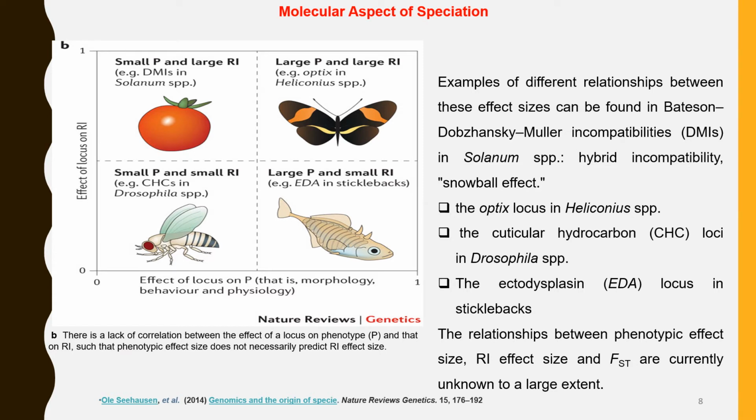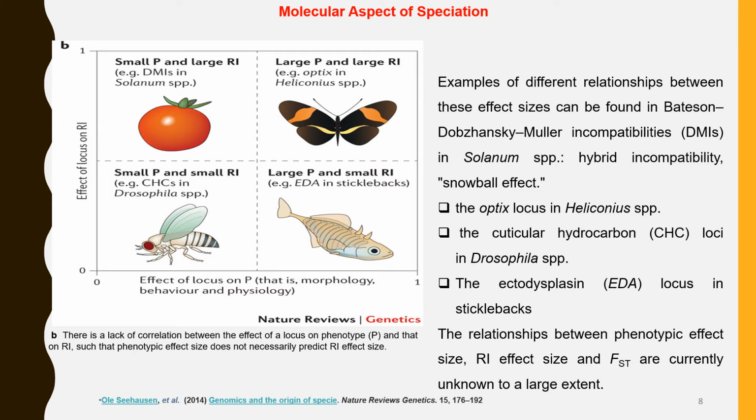The x-axis represents the effect of locus change on the phenotype, that is, the morphology, behavior, and physiology, while the y-axis represents the effect of change in locus on the reproductive isolation. The effect of variations can be found by the Dobzhansky-Muller incompatibilities, also known as the snowball effect. We had studied the DM model earlier.